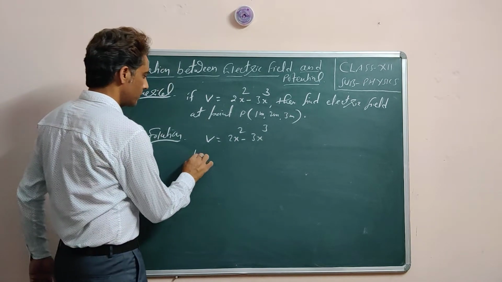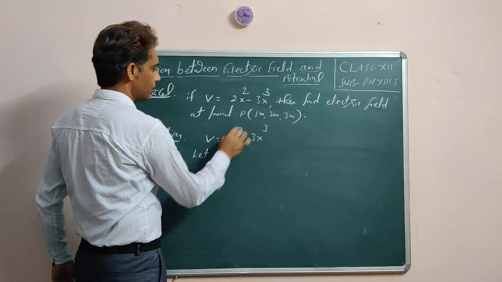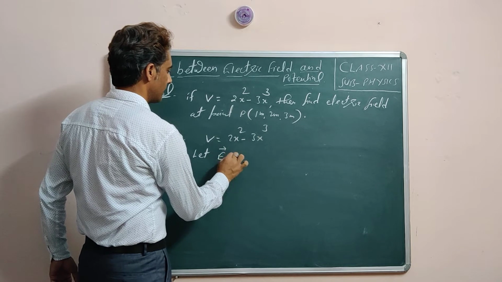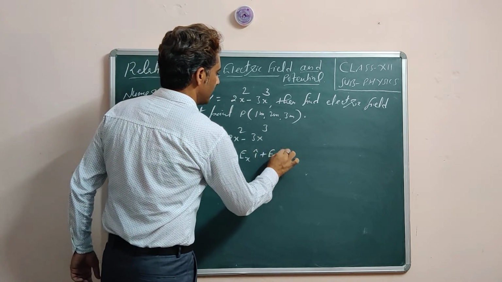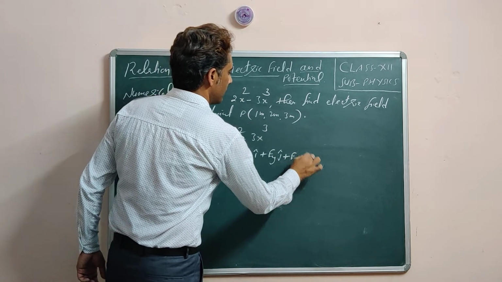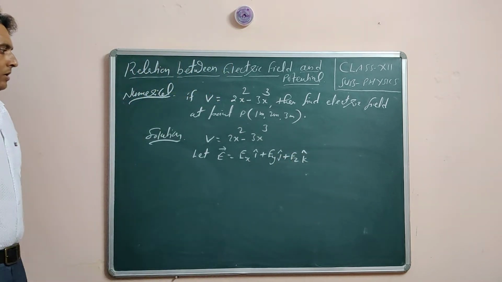Now let the electric field at this point be Ex i plus Ey j plus Ez k.